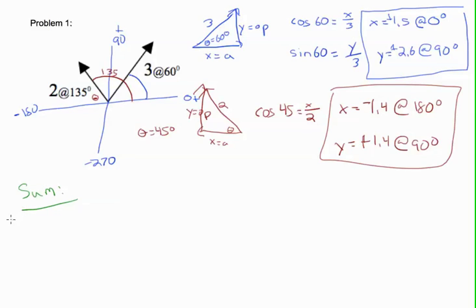For x, we'd have positive 1.5 plus negative 1.4 gives us a very, very small positive 0.1. Because it's positive, that means it's at 0 degrees. For y, we have positive 2.6 plus positive 1.4 gives us 4.0, and because it's positive, we know it's at 90.